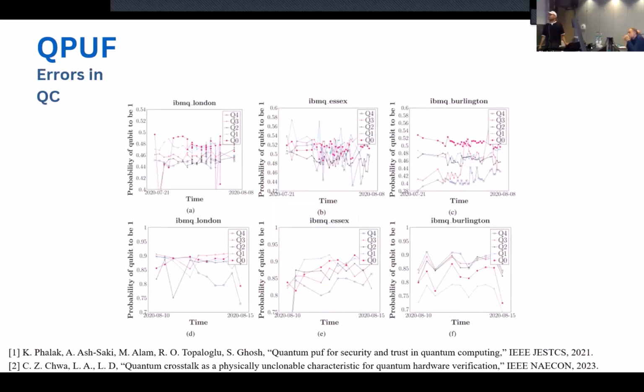Okay, the other kind of PUF that was presented is based on errors. In each of the IBM devices, there is a different kind of error, like one- or two-qubit gate errors. There are also crosstalk errors, which behave randomly and unpredictably. So the idea was to distinguish all these devices based on their error profile.